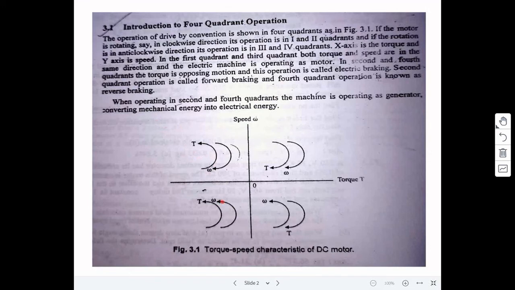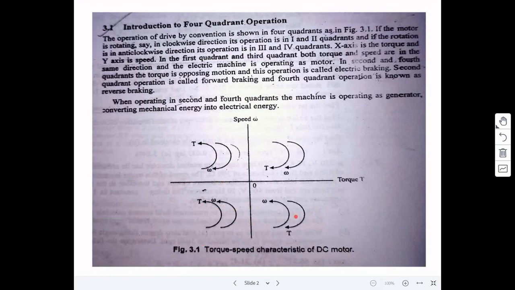Now if you observe here, speed and torque are both in the reverse direction. Speed is in reverse, so it operates in reverse. Both are in the same direction, and when both are in the same direction we call it motoring mode. But here speed is in reverse, which is why it is reverse motoring mode.